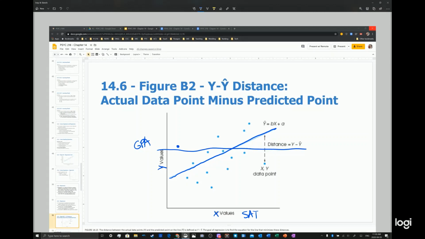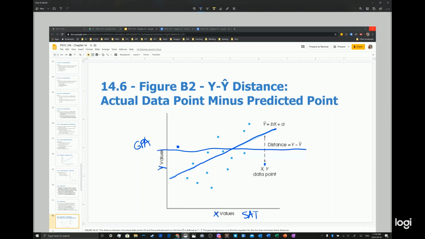Whereas someone who did really well on the SAT still scored a lower GPA than someone who did really badly, quote unquote, on the SATs. So there is that variability that we account for.